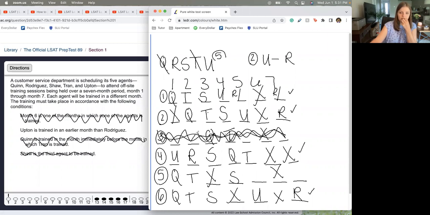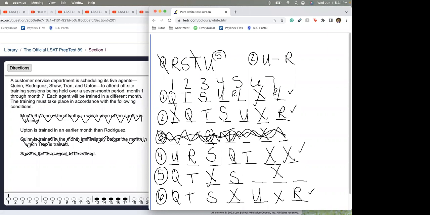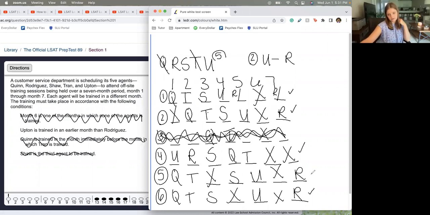Anyone have any thoughts? It's the same as the other one. They're forced into 5 and 7.